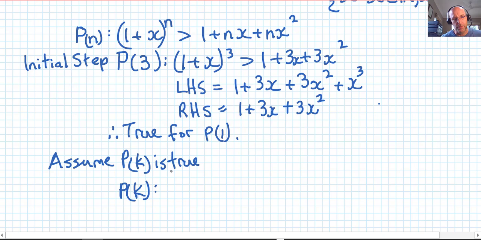So the inductive hypothesis: we assume P(k) is true, so we write out the proposition (1 + x)^k is assumed to be bigger than 1 + kx + kx².